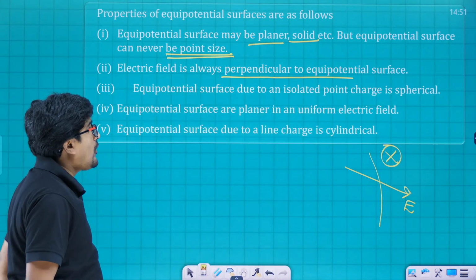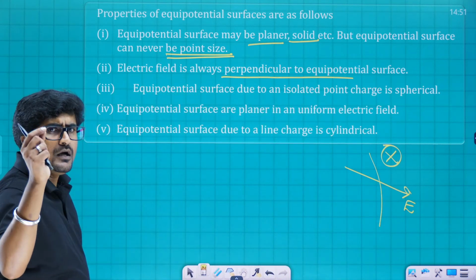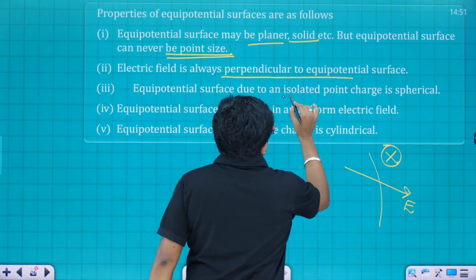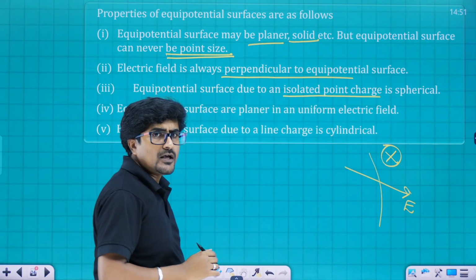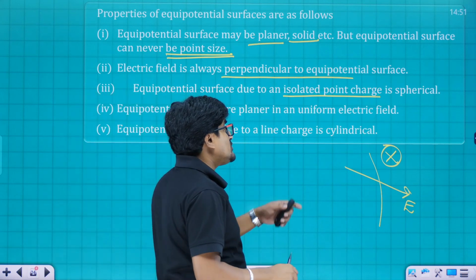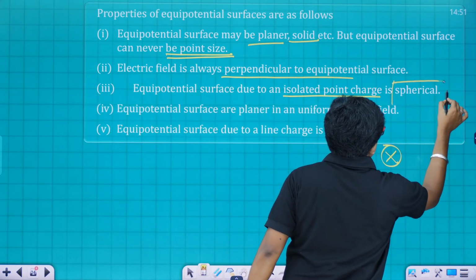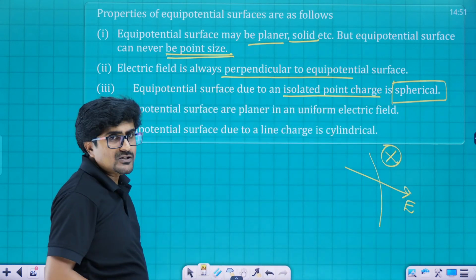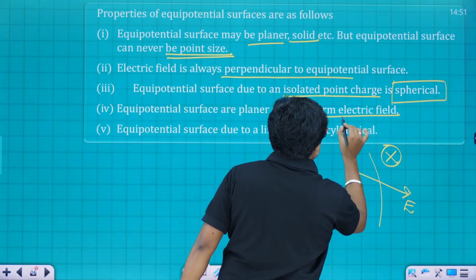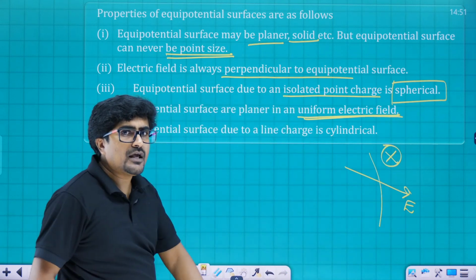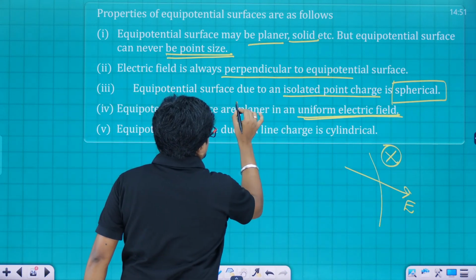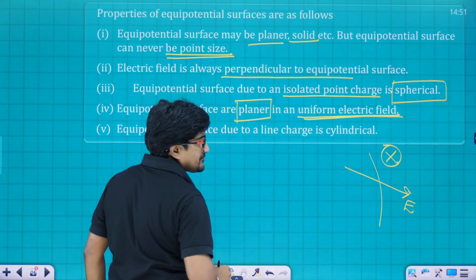Next point is if we have an isolated point charge, the shape of the equipotential surface associated to that source is going to be spherical. And if you have a uniform electric field, then the shape is going to be planar.